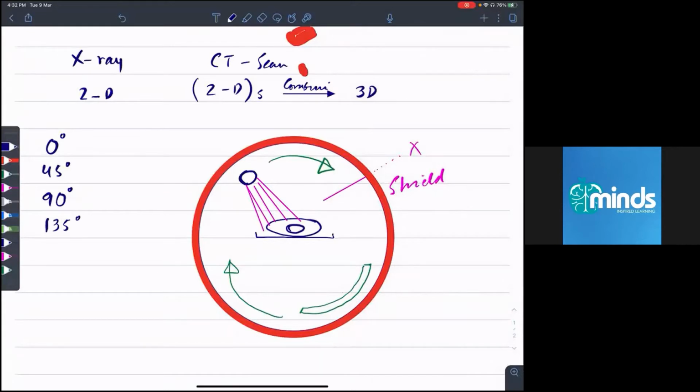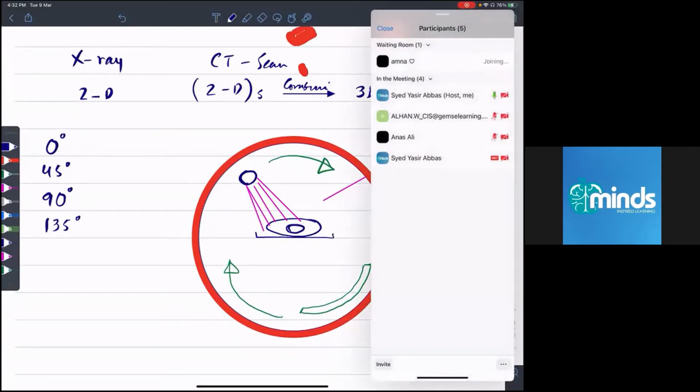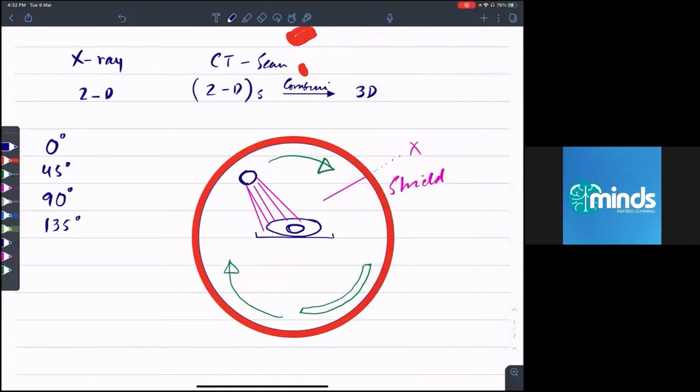Okay, so what I was saying is that the entire setup is covered with a shield so that X-rays cannot come out of that region. Now, what is important? These X-rays are thrown on the patient's body at 4 different angles. Those 4 different angles are 0 degree, 45 degree, 90 degree, and 135 degree. After that, all other angles will be repetitions, because after 135 we have 180, which is a repetition of 0.